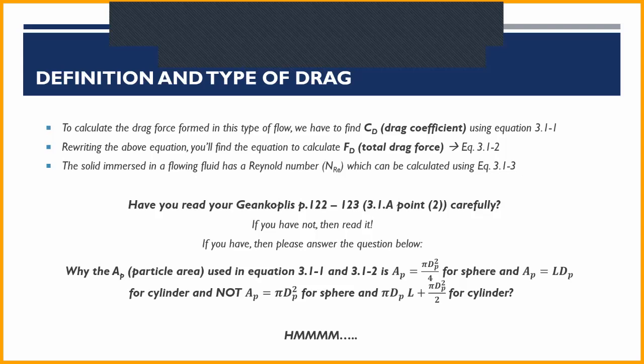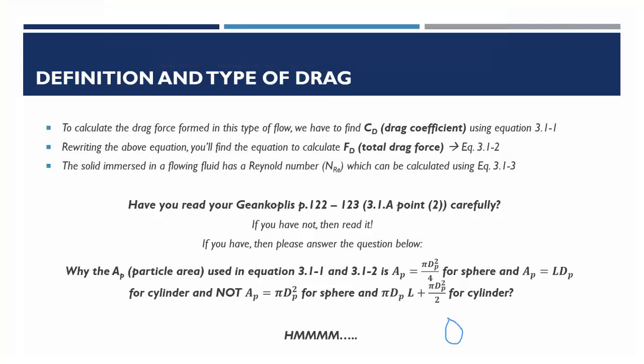Let's say for a cylinder, it should be pi times d times L for this area.